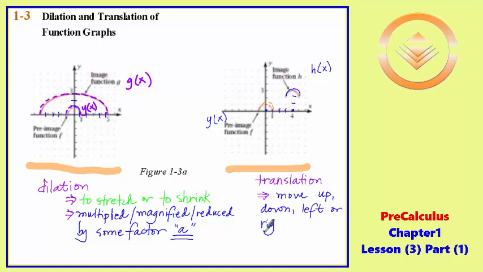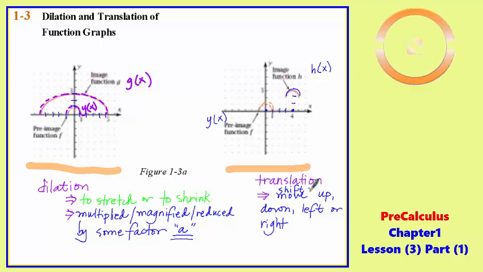Moved or shift could be another term for this. So to shift upwards, downwards, to the left, or to the right, that's what you call translation. Now let's discuss this in a more detailed way.